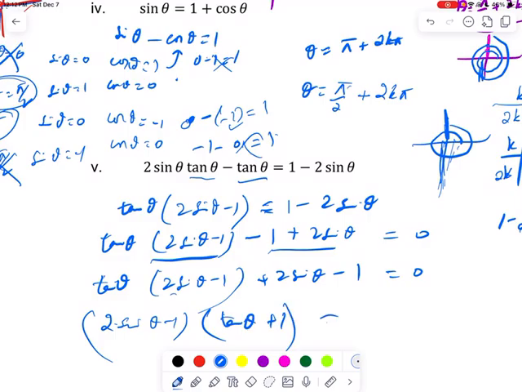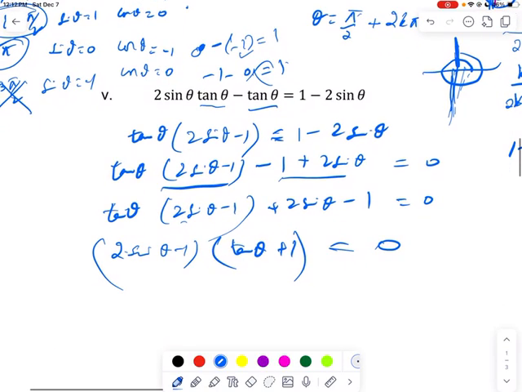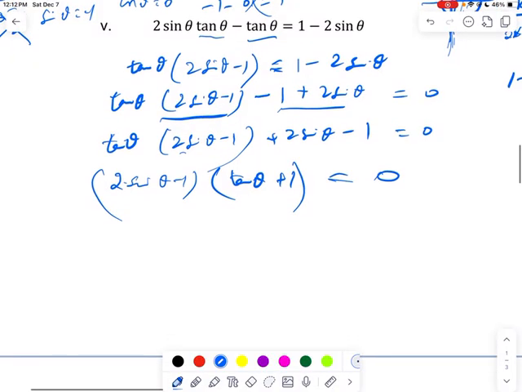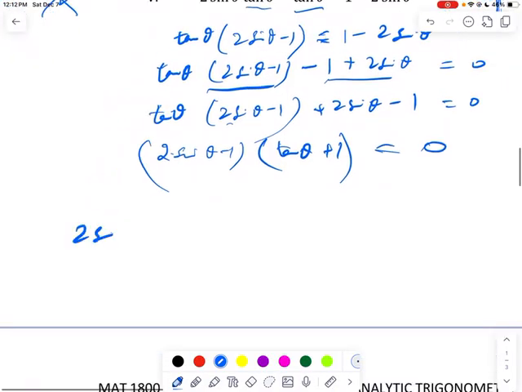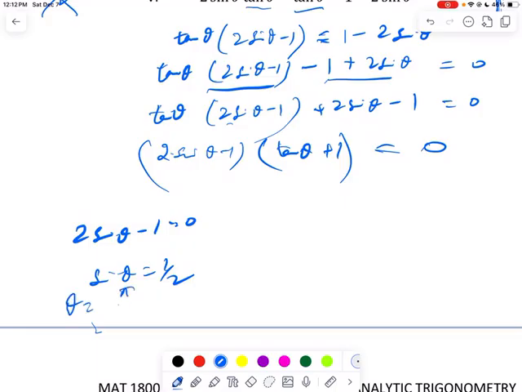Now you set each of them equal to 0. The first one, 2 sine theta minus 1 equal to 0, will give me sine of theta is equal to 1/2. Which gives me theta equal to, remember, pi over 6 plus 2k pi, and then 5 pi over 6 plus 2k pi.